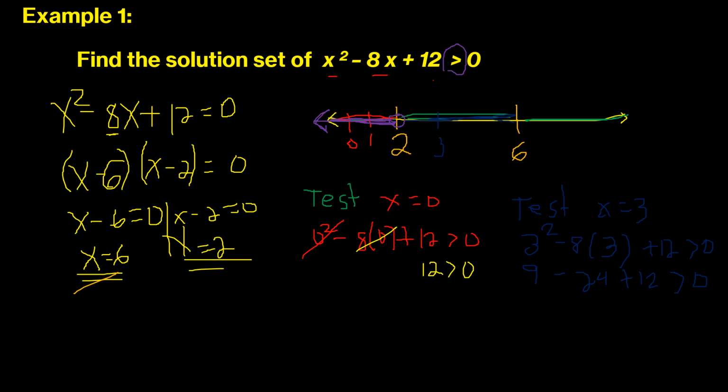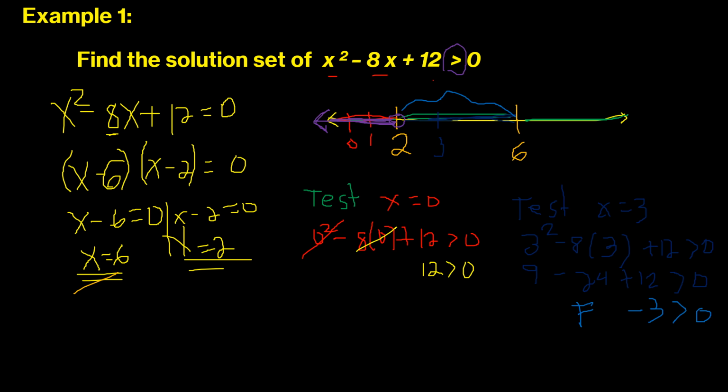So simplifying this operation, 9 minus 24 is negative 15, plus 12 is negative 3. Negative 3 is greater than 0. So it's not. It's false. So we cannot use the numbers between 2 and 6 as our solution set.